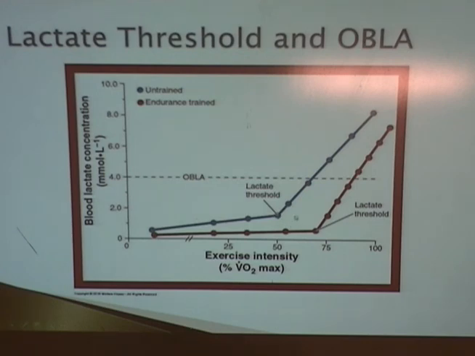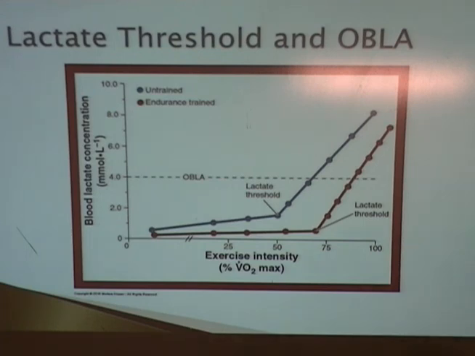What it is meant to represent, or what it's thought it represents, is the point at which you switch from using mostly fats to mostly carbs, right? Or let's put it another way, from using mostly aerobic metabolism to anaerobic metabolism. So you'll sometimes see it called the anaerobic threshold. Because if I'm working aerobically, I'm not dumping blood lactate into the bloodstream.